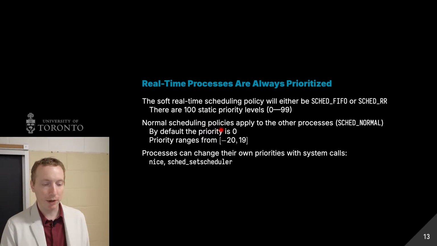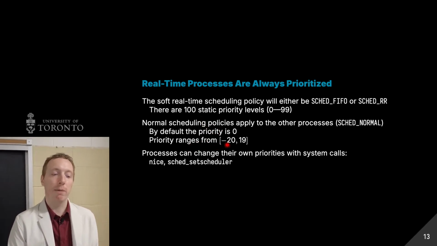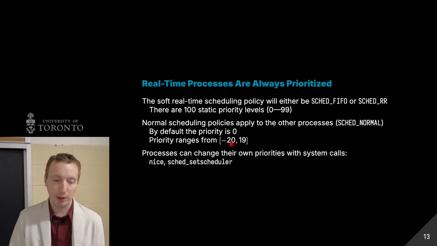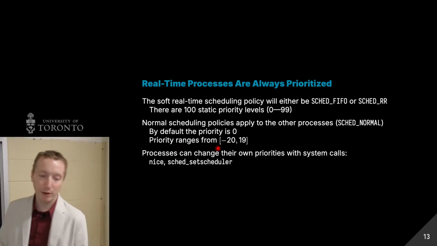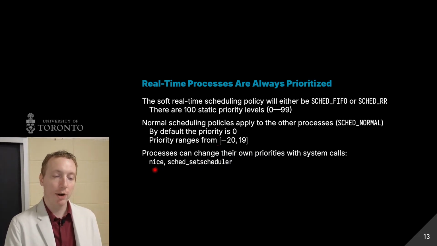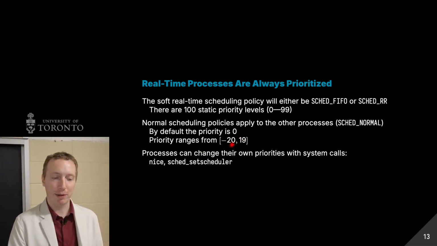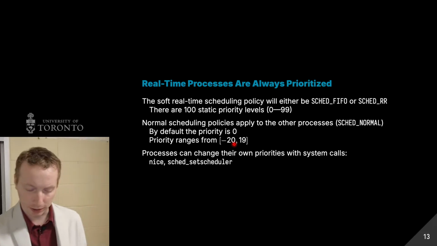The default priority is 0. And like I said before, the priority ranges from -20 to 19, where -20 is the highest priority and 19 is the lowest. Processes can change their own priorities using system calls. You can call sched_setscheduler to change your scheduling, or this system call called nice. And niceness is related to this default scheduling priority.